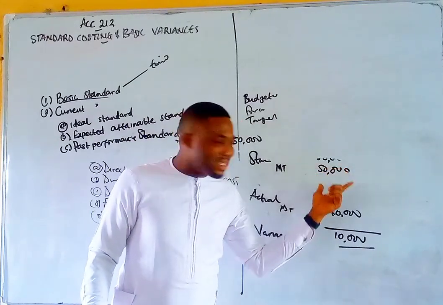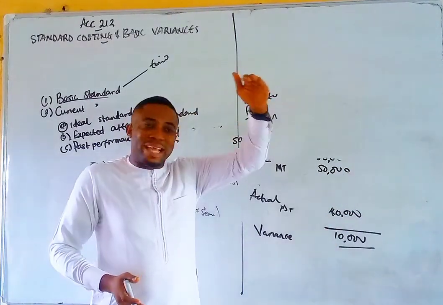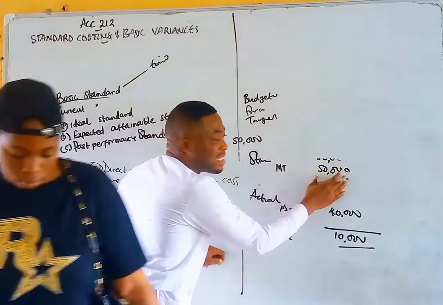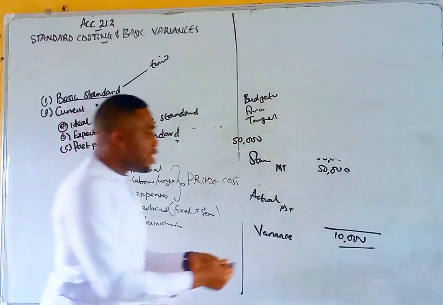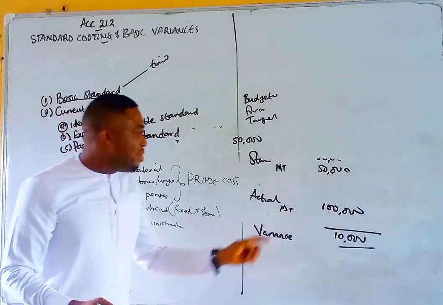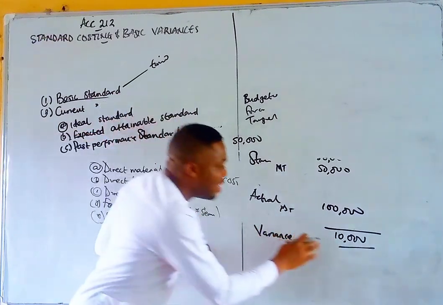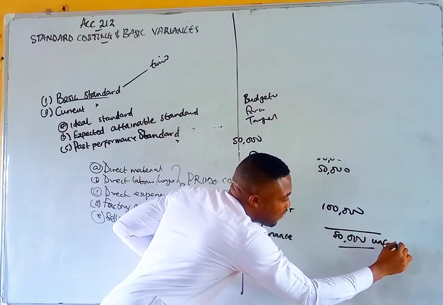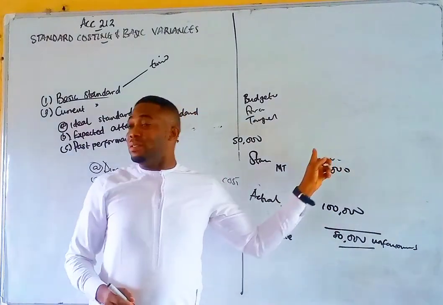Because the standard exceeds the actual. It means they did not incur up to what they set. Do you understand me? But the other way around, if they set 50,000 as the standard, and they now incur, let's say, 100,000 as the actual, it means what they incurred, the actual, exceeds what they set as standard. So this variance becomes 50,000, which is unfavorable, because the actual is now more than the standard.